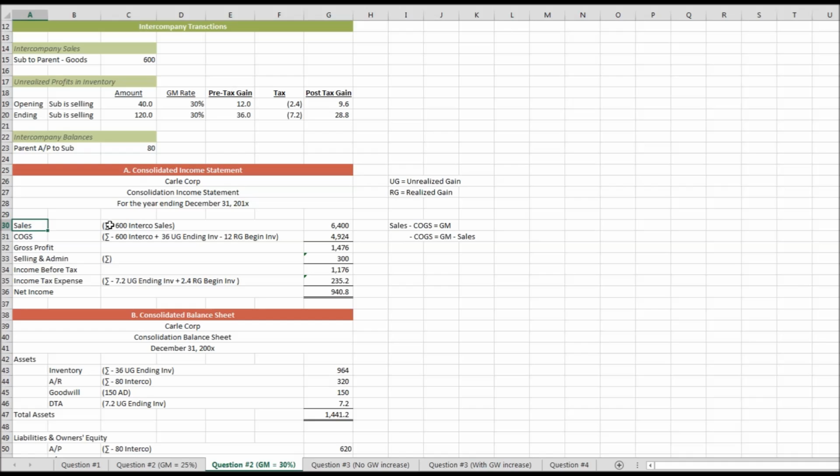So we add together the income statement of the parent and the sub, and then we subtract the 600 of intercompany sales. So remember right here, the sub had sold to the parent $600 worth of goods. In costs of goods sold, we also subtract that, and I'll explain that in a moment, but we'll first talk about these inventory balances over here.